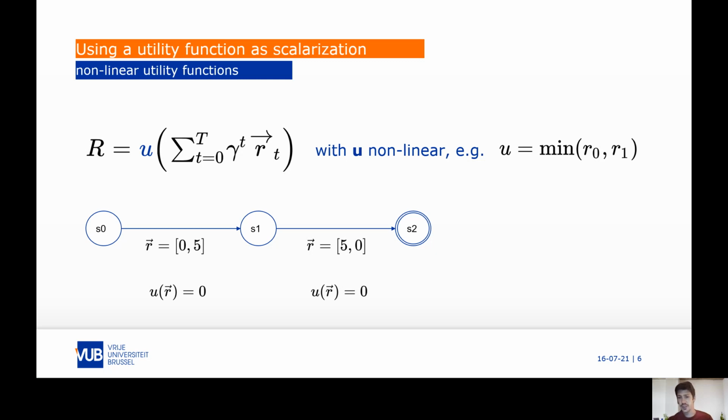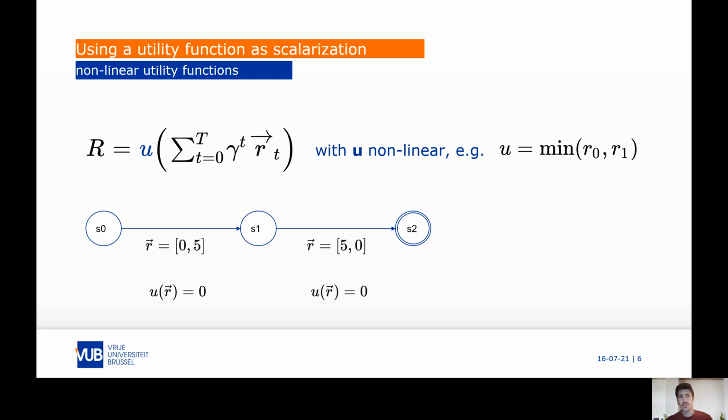If you apply the utility function at the very end, you get the utility of 5. However, if you apply the utility on every individual reward, well, you take the minimum of (0, 5), you get 0. Similarly here, you also get 0, so you get a utility of 0 instead of a utility of 5.